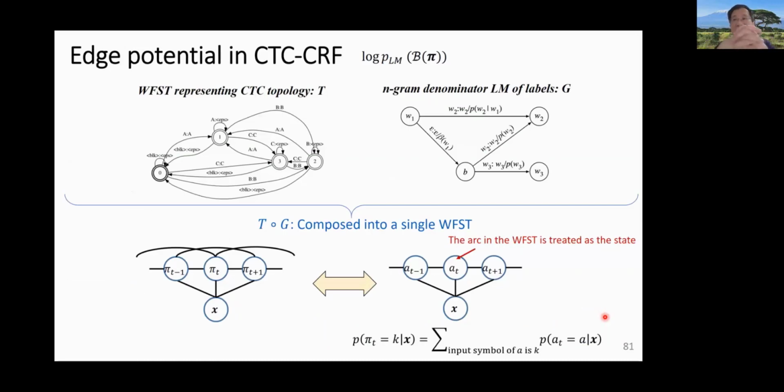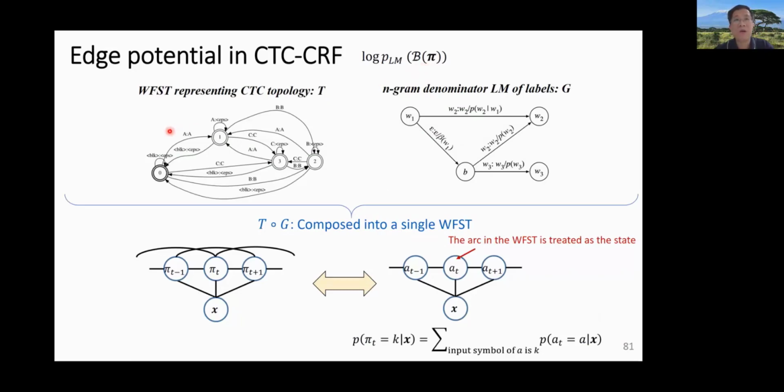People may wonder what the edge potential in CTC-CRF looks like. Here we show you some more details. The edge potential in CTC-CRF is defined as in this formula, the n-gram probability of y determined from pi.